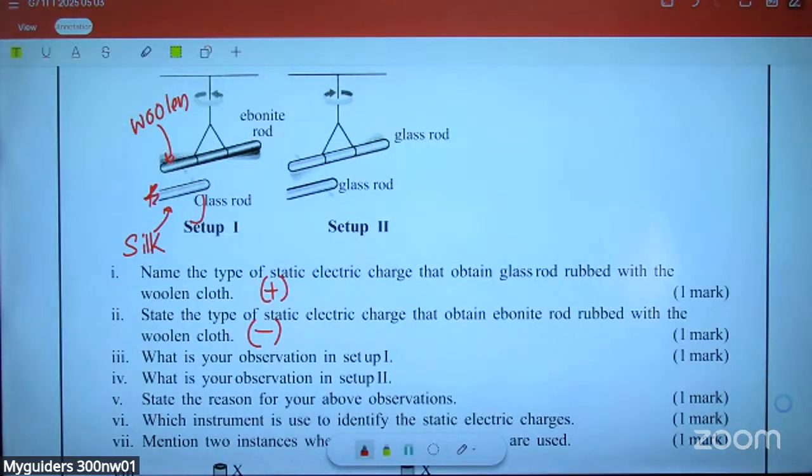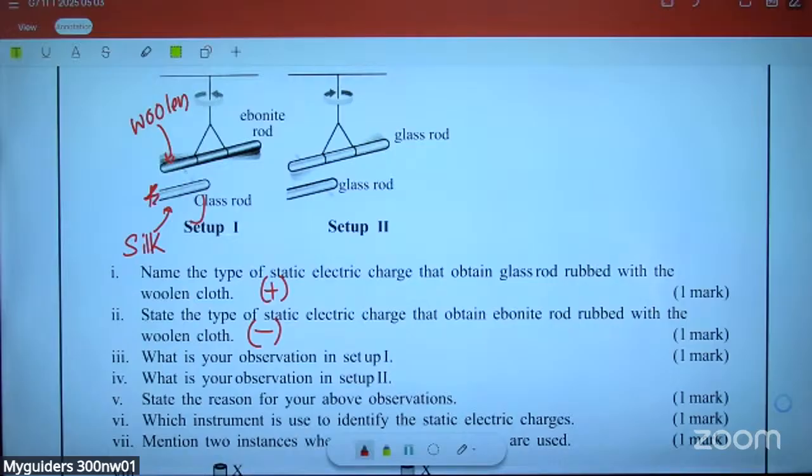Now the third question asks what is your observation in step 1? When a glass rod is rubbed with a silk cloth, the glass rod gets positive charges.